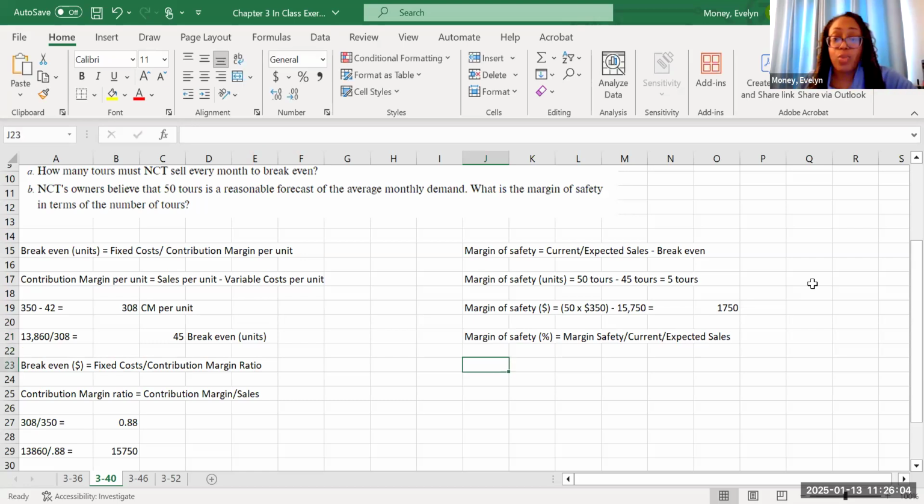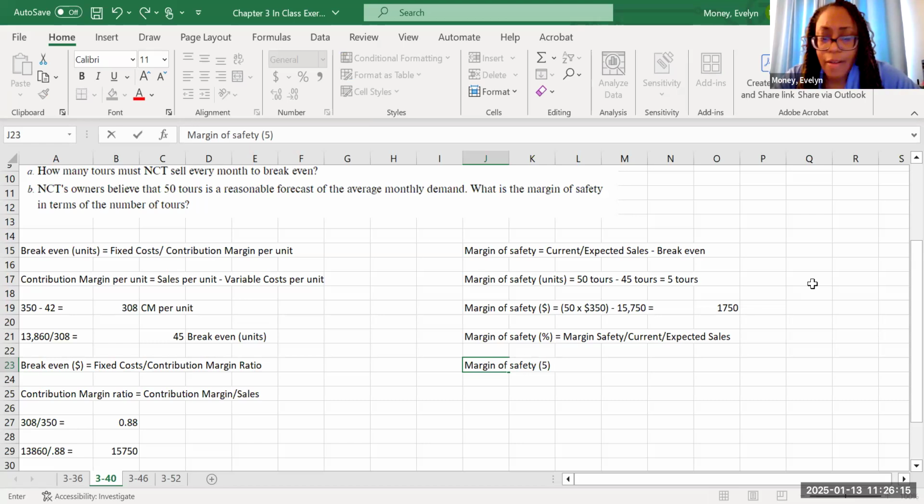We can do this in units or in dollars, but we're still going to get the same answer. So let's do it in terms of units. I can take my 5 tours as my margin of safety here, and then divide that by my current or expected sales level of 50 tours.